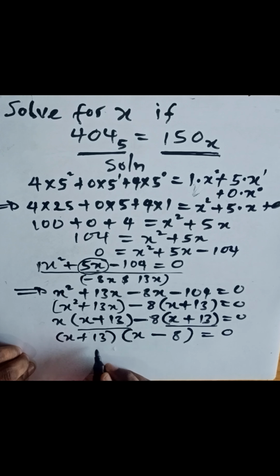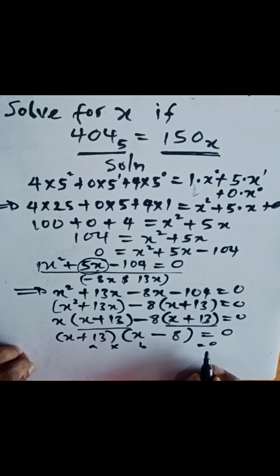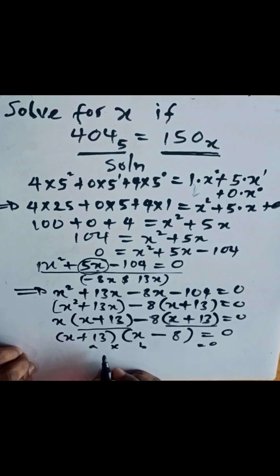What does this mean? It means that we have two values multiplying each other. Let's say a multiplied by b equals 0. For it to have a zero product, it means that either one of your unknowns is 0, or both of them are zeros.